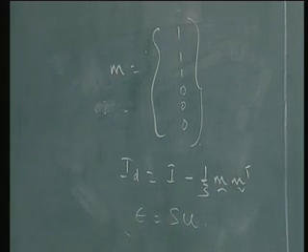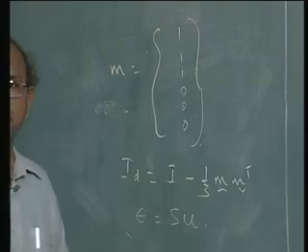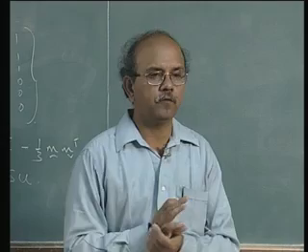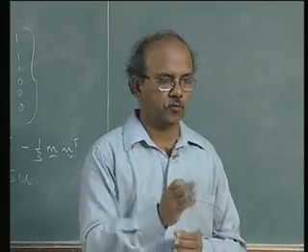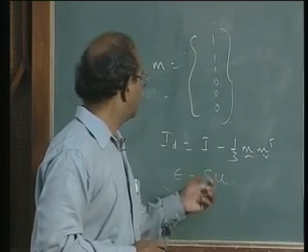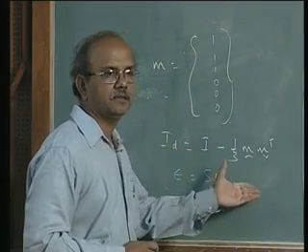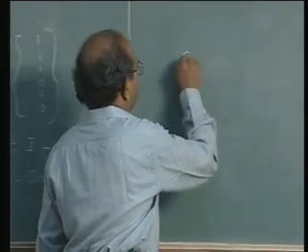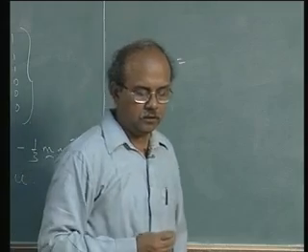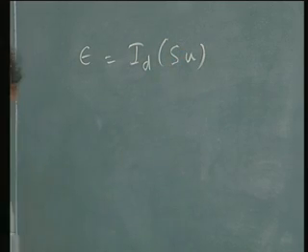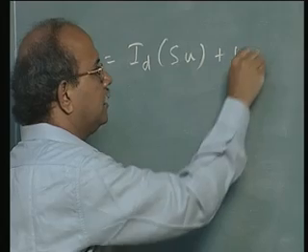epsilon is equal to Su, right, and sigma consists of 2 things. We will see what it is in a minute, but before we go to sigma, we can write epsilon in terms of 2 parts, the deviatoric and dilatational parts: epsilon equals ID into Su, the first part, plus 1/3 m epsilon v.